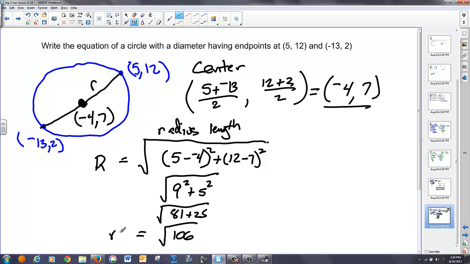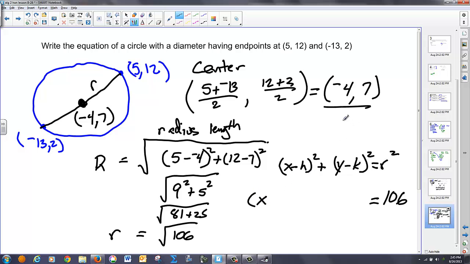And remember, for my equation of the circle, we want (x minus h) squared plus (y minus k) squared equals the radius squared. So if my radius is squared, I square the square root of 106 and I get 106. I take x and subtract off the h value, or the horizontal translation.